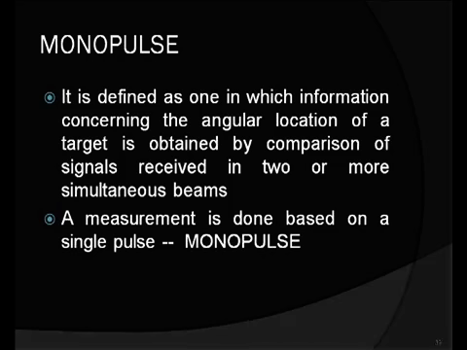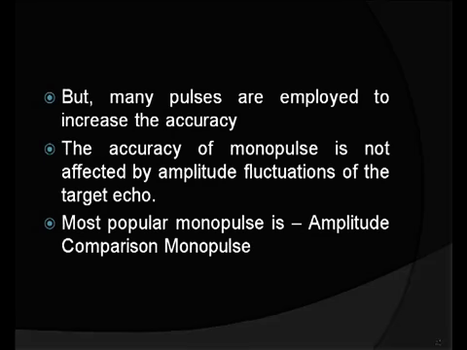So we give the name monopulse. But many pulses are employed to increase the accuracy. The accuracy is not affected by amplitude fluctuations of target echo. Out of the several types possible, the most popular monopulse is amplitude comparison monopulse.